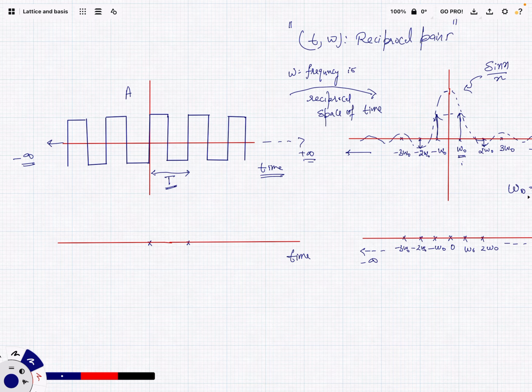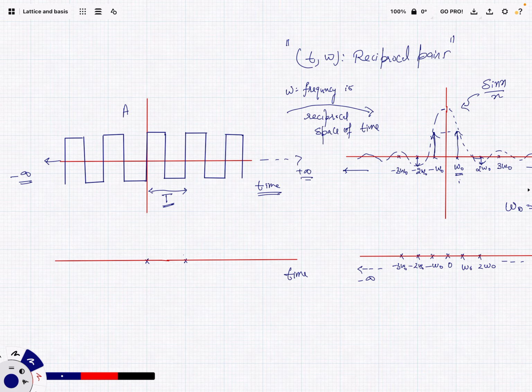So let us say we have this time axis and we start to mark some points. Let's say I have T, 2T, 3T, and so on, right? Similarly, I have minus T, minus 2T, and so on.